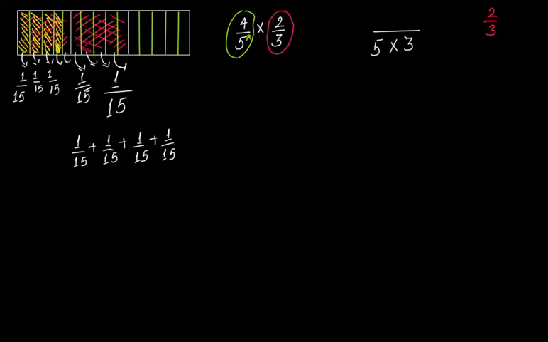So let's take out this one, this one, this one, and this one. So we'll have 4 1 by 15 from here, plus 1 by 15 plus 1 by 15 plus 1 by 15 plus 1 by 15.